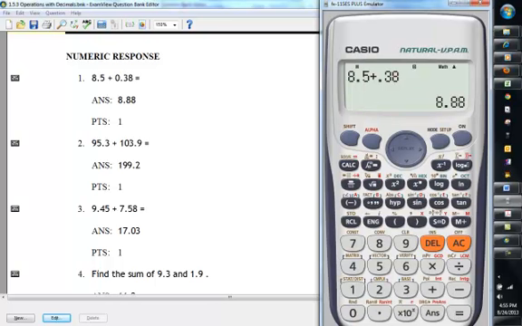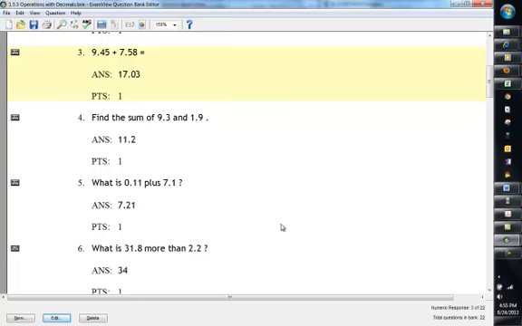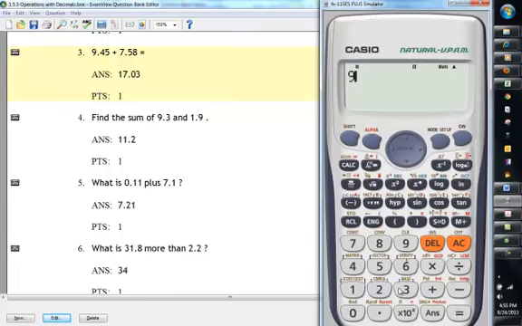We want our answer as a decimal. 95.3 plus 103.9 is, change it to a decimal, 199.2. Find the sum. Sum means add, so we take 9.3 plus 1.9, and we get 11.2.